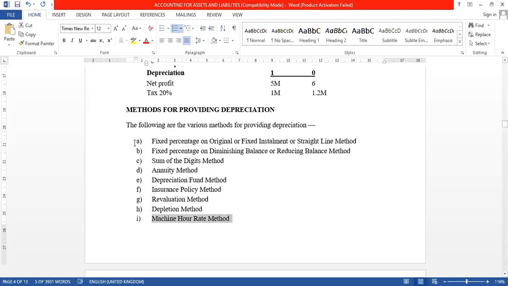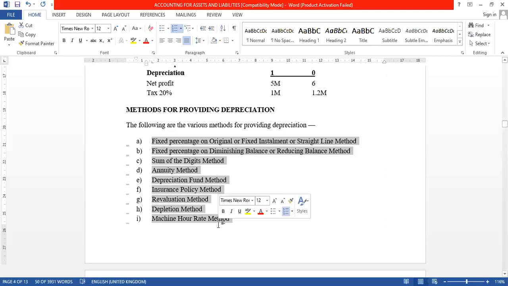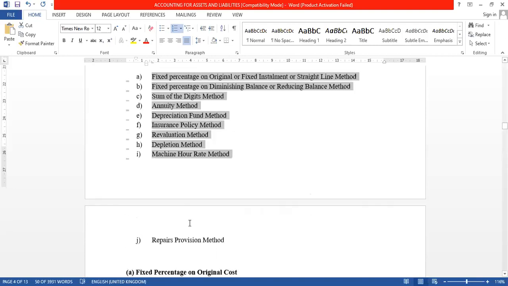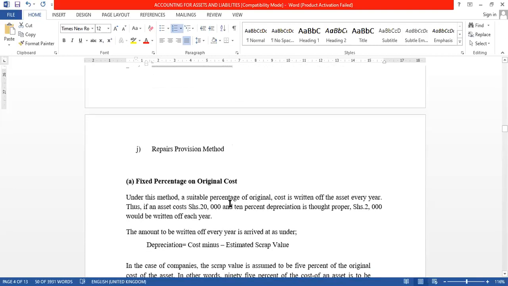Now, we have many methods of depreciating an asset. And remember, in depreciating an asset, what we are looking for is what value we must reduce the value of this asset by, to reflect what we call prudence in our reporting.